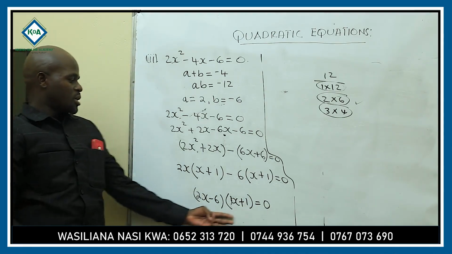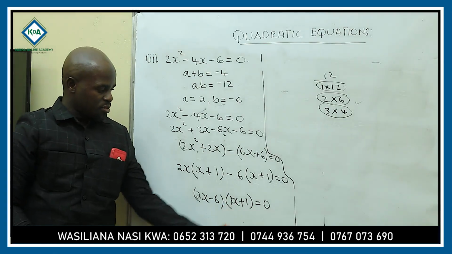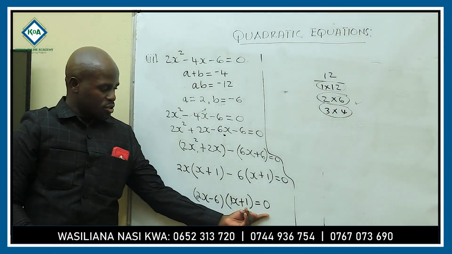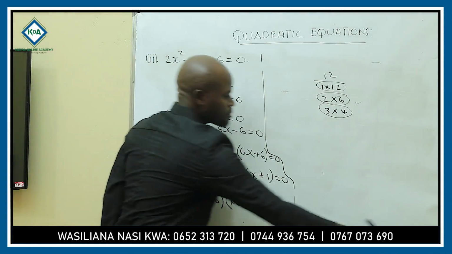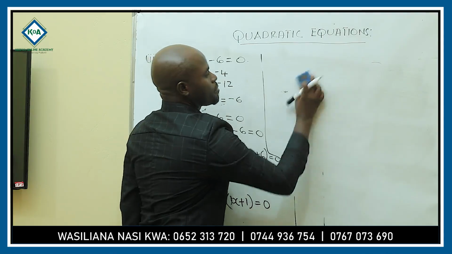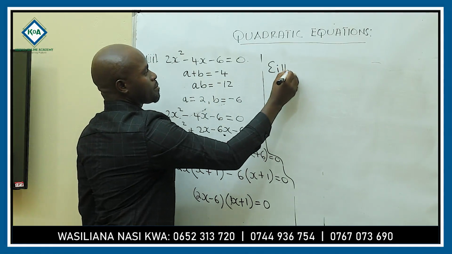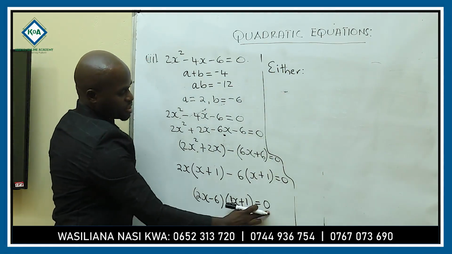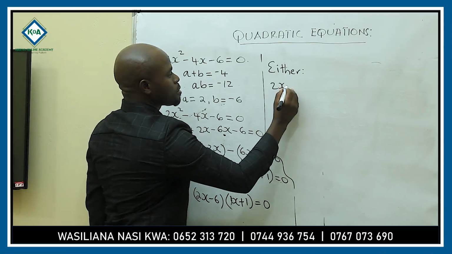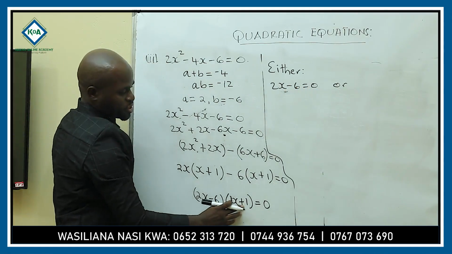Now after reaching here, 2x minus 6 times x plus 1 is equal to 0. We multiply, you have to get 0. It means one among these two factors is 0. So we say either 2x minus 6 is 0, or x plus 1 is equal to 0.